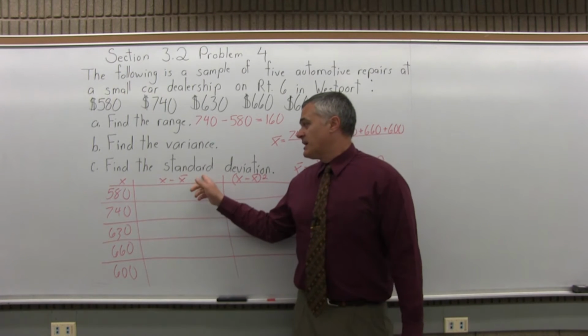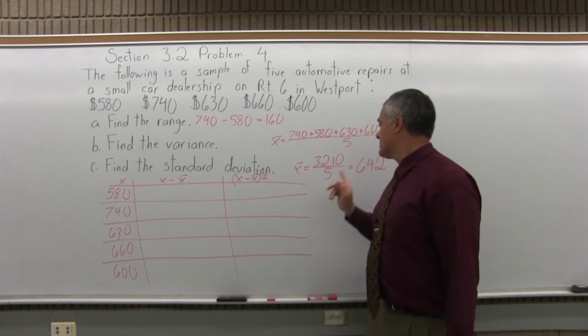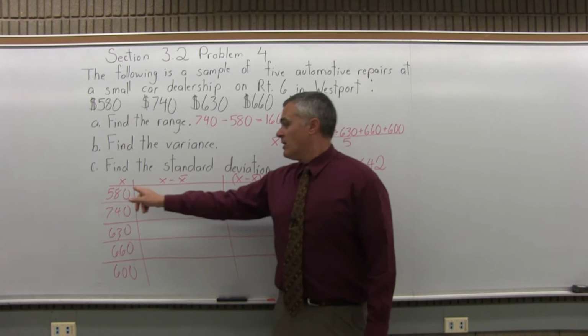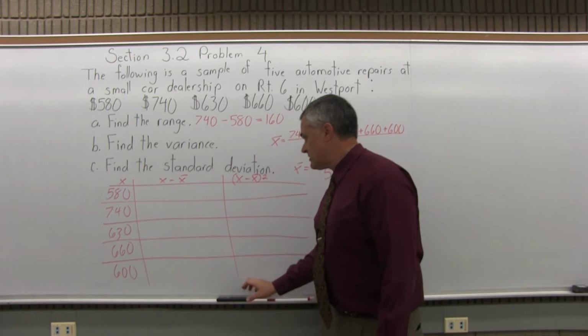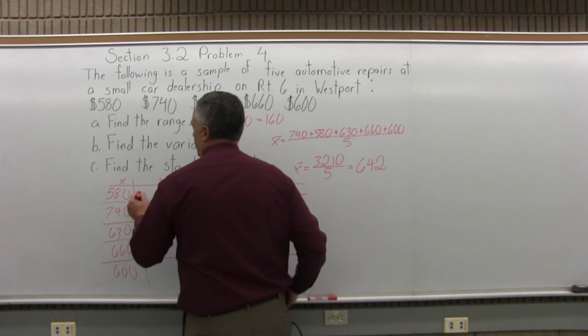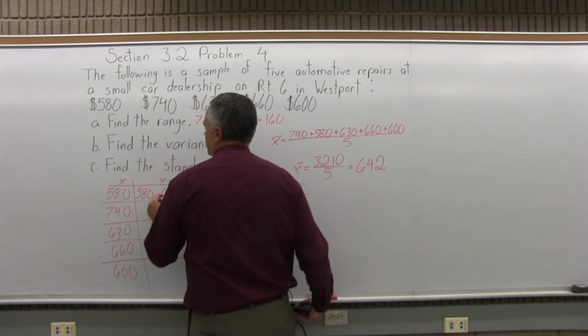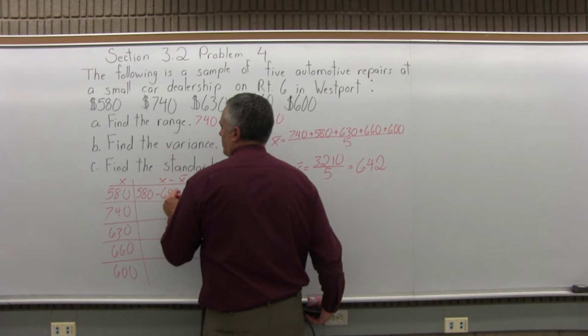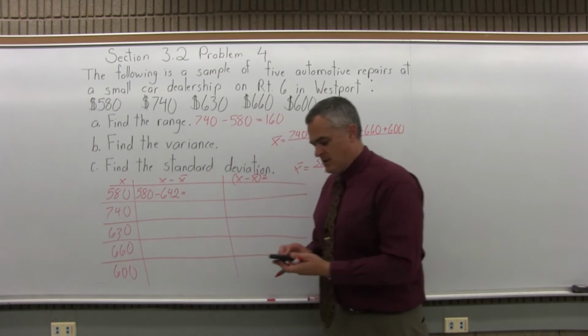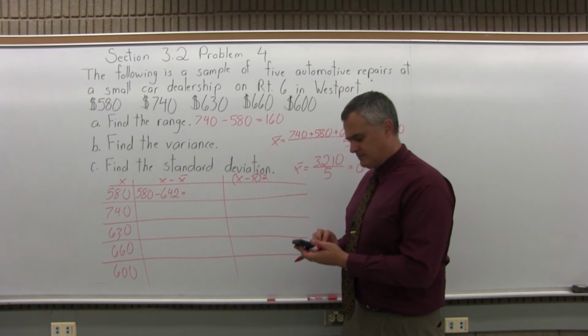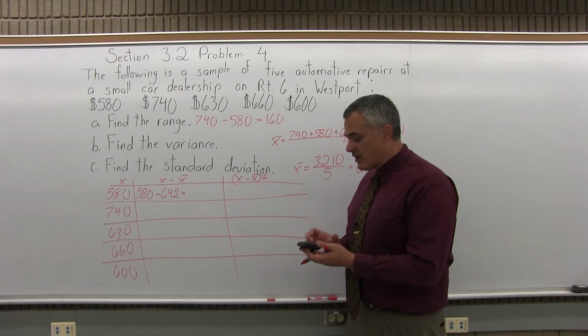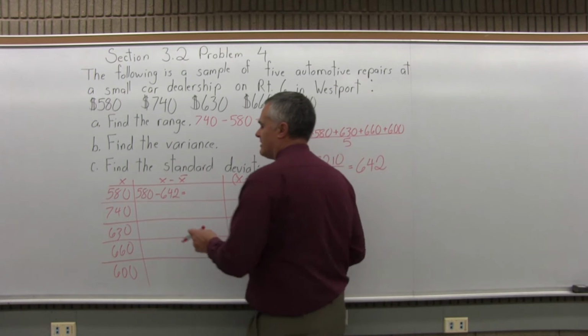And then for x minus x bar, I will subtract the x bar, the 642, away from every value I have from x. So in the top row, I will have x, which is 580, minus x bar, which is 642. I'll do that on the calculator just to make sure I get it right.